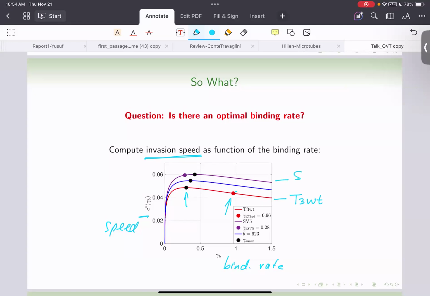For the supervirus, it is the purple line here on top. And the parameter value for the supervirus is here. That's the binding rate. And the optimal value is close, a little bit to the right. So you want to actually increase the binding on the supervirus just a little bit to get the optimal spread rate. And then the blue in the middle is an average of the two.